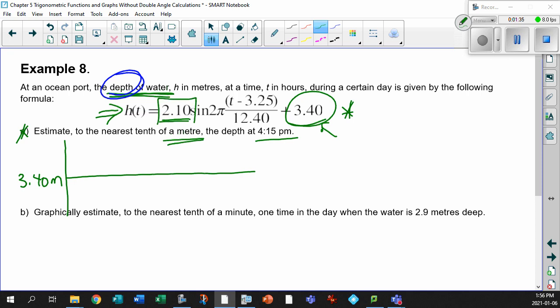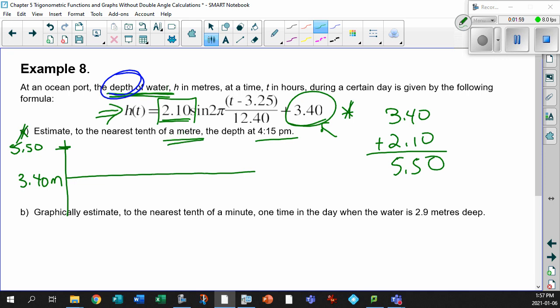I'm going to add 2.10 meters to this. So 3.40 plus 2.10 gives me 5.50 meters. That's my maximum, 5.50 meters. And that's going to determine whether or not my ship will even be allowed to port there, because if it doesn't get deep enough, why risk it?